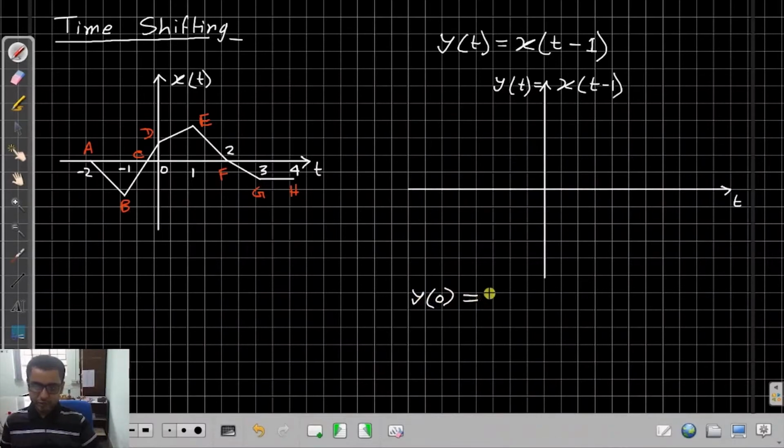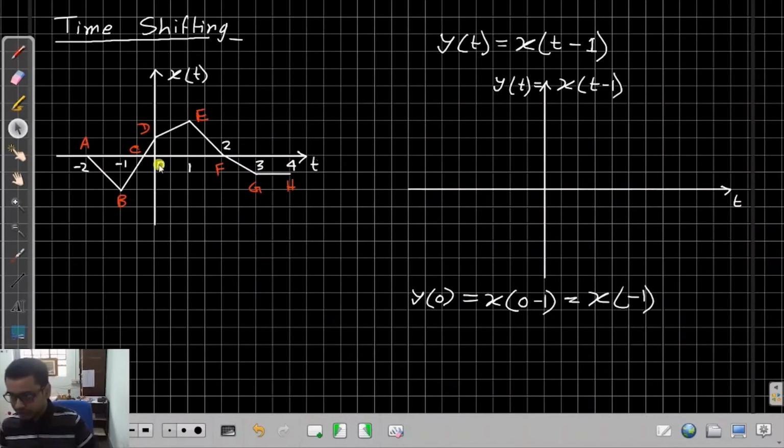So this will be given by y of 0, which is x of 0 minus 1, that is x of minus 1, and x of minus 1 is somewhat near minus 2.